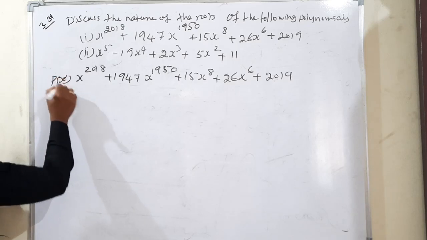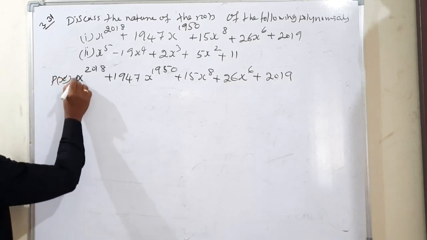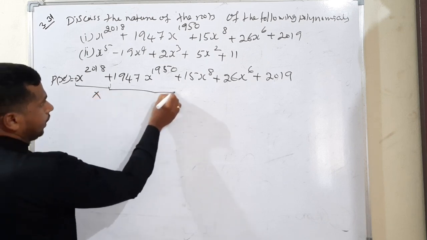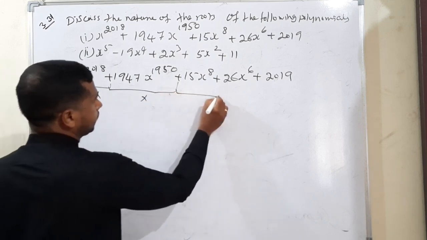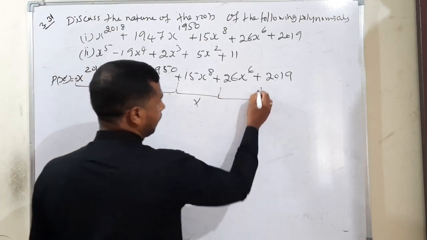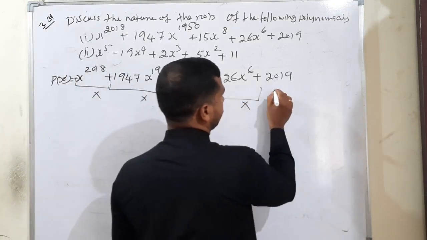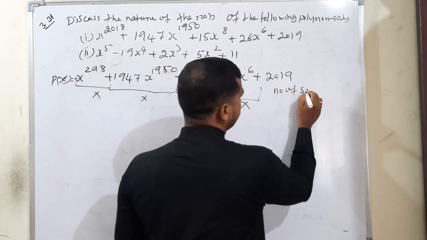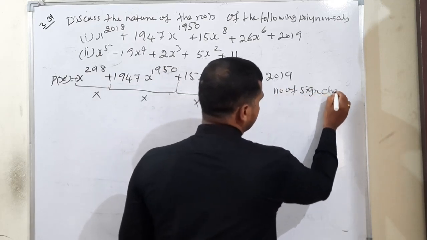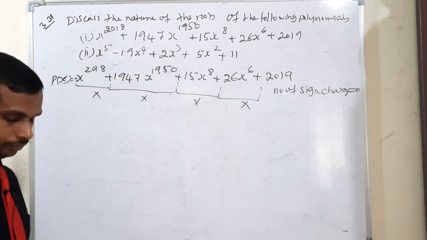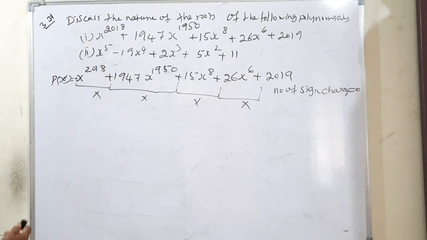Positive to positive, no sign change; positive to positive, no sign change; again positive to positive, no sign change. Therefore, for positive real roots, the number of sign changes is equal to 0.